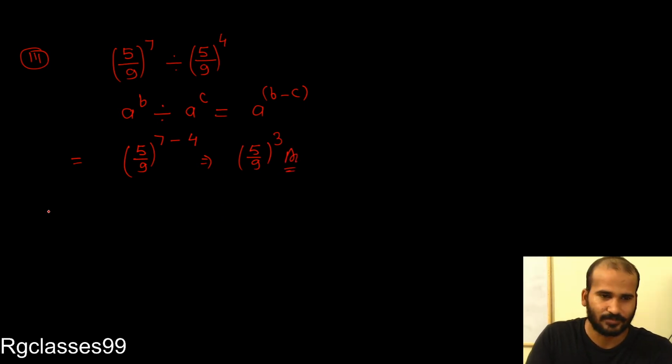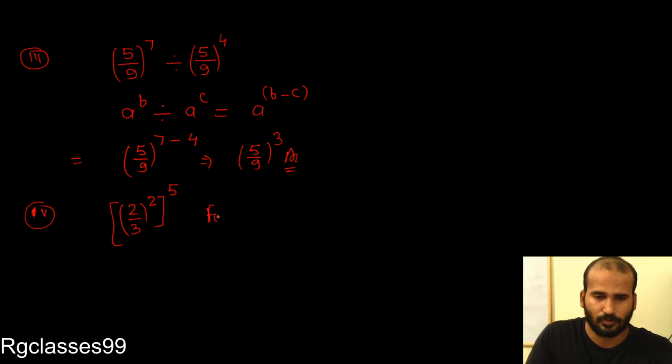Yes, definitely. Now look at question number 4. I am not taking each and every question, so leave this one because it is the same. Now question number 5 is (2/3)^2 whole to the power 5. This is a different type of question, but we know the formula for it.